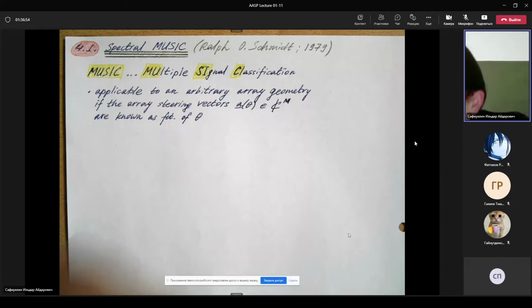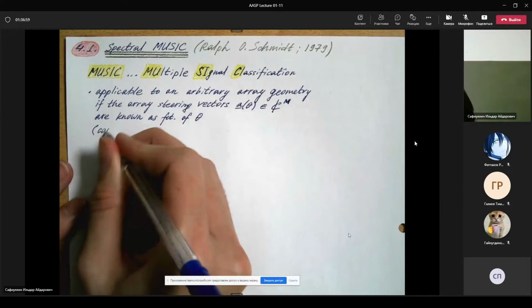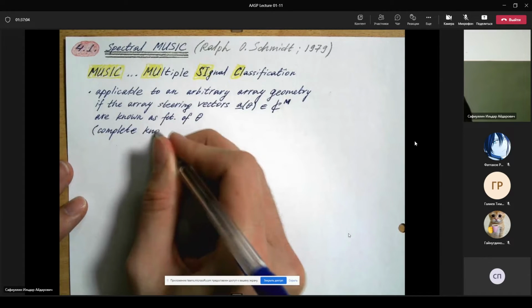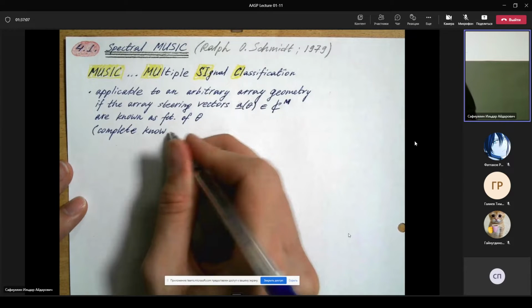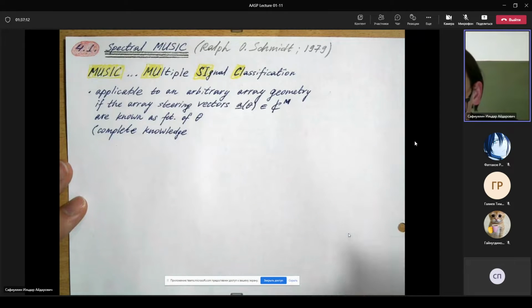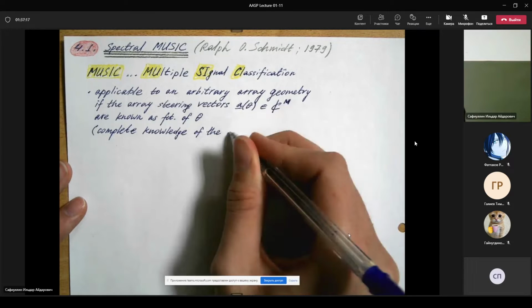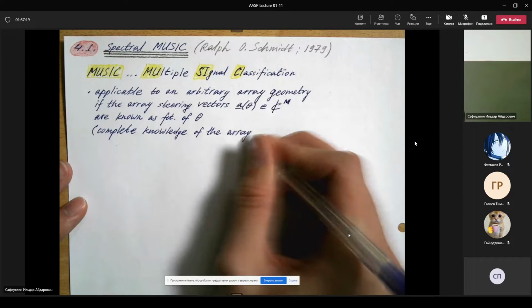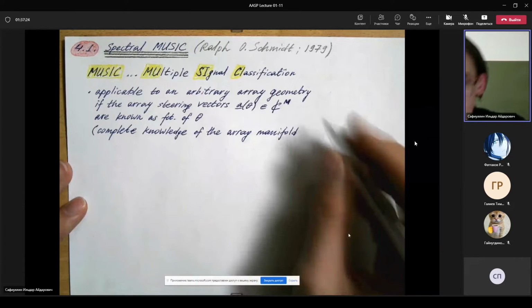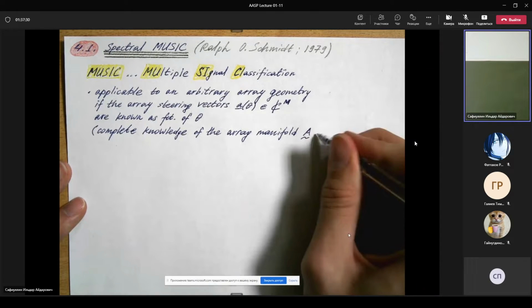In this case, let's write complete knowledge of the array manifold, with A capital required.